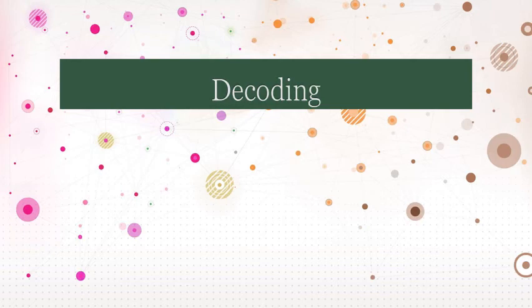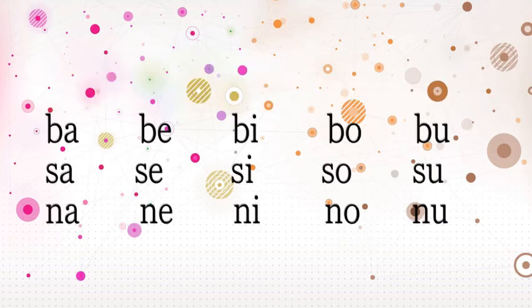We have to tell them constantly that they don't have to read out the name of the letter. They only have to speak the sound of the letter, and that is how they have to read. Decoding is recognizing the letter and producing its sound. That's what we are doing in phonics.